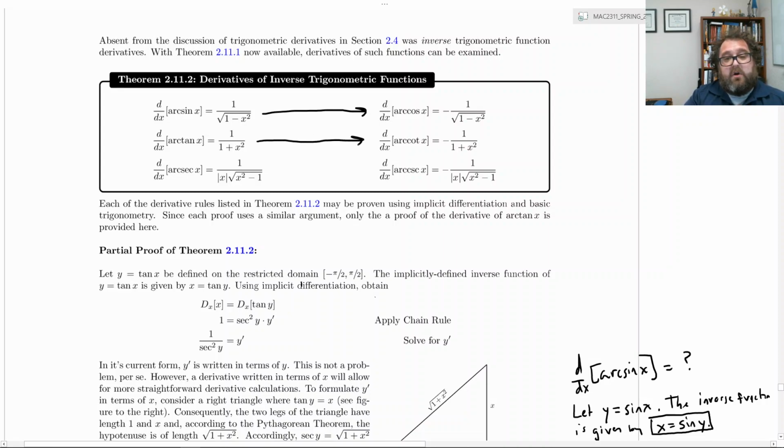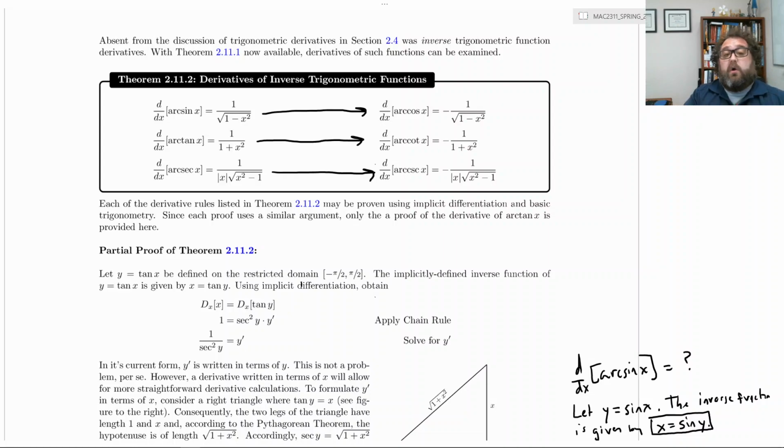Arc tan and arc cotan match up perfectly, except that arc cotan is negative. Arc secant and arc cosecant match up perfectly, except arc cosecant is negative. So really all you have to do is remember which pairs go together.